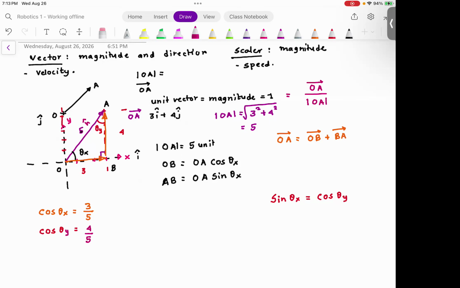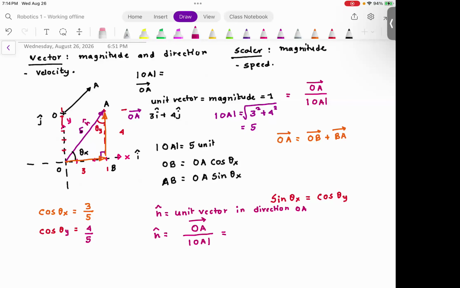So I want to find out what is n hat. n hat is the unit vector in the direction OA. A unit vector does not give you magnitude, it only gives you direction. So n hat, I can write this down as vector OA divided by magnitude of OA.